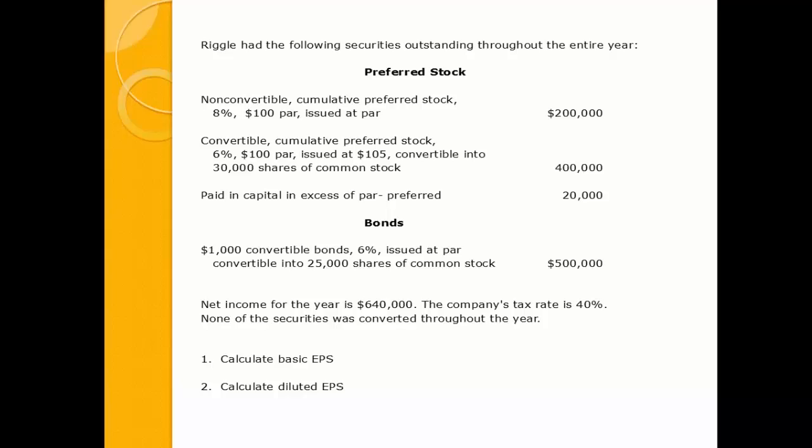We have paid-in capital in excess of par for the preferred stock of $20,000. We have $1,000 bonds, 6%, issued at par, convertible into 25,000 shares of common stock, $500,000. Net income for the year was $640,000. The company tax rate is 40%. None of the securities were converted throughout the year.